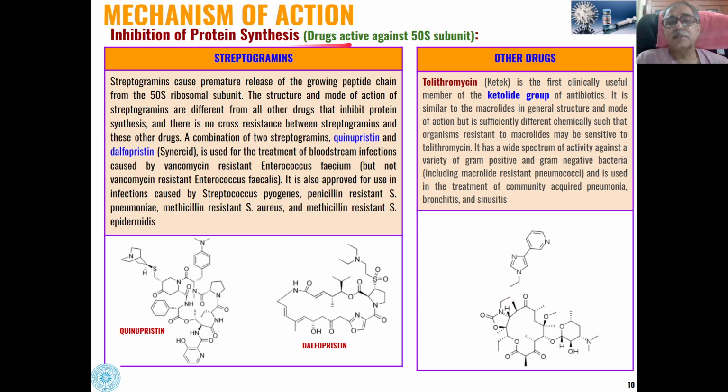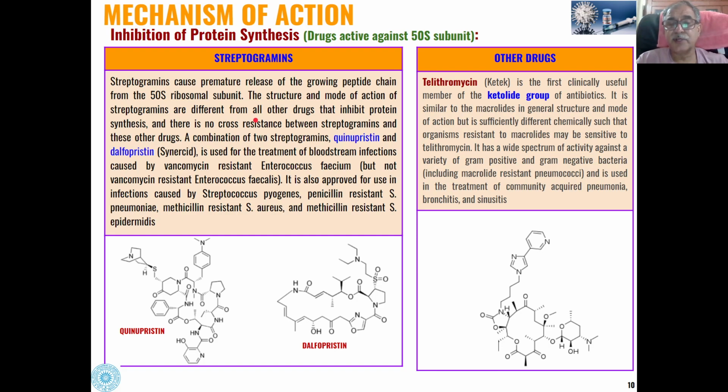Then next is streptogramins and other drugs which are used for inhibition of protein synthesis. Streptogramins, what they do is they will cause premature release of the growing polypeptide chain from the larger subunit. So, because of the premature release, the kind of proteins which are formed are not actually required by the bacteria.